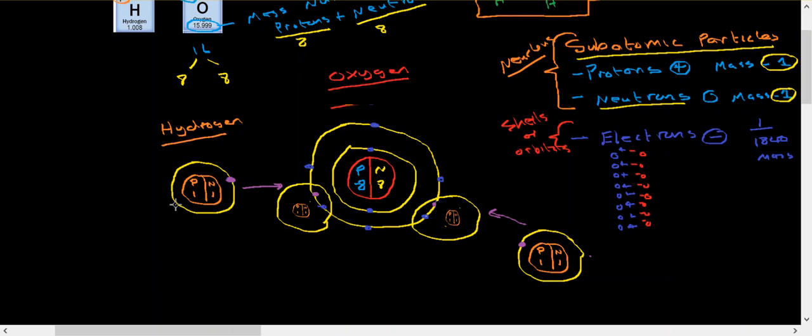So what's essentially happening is, where we have this overlap, here and here, you get what are known as covalent bonds.